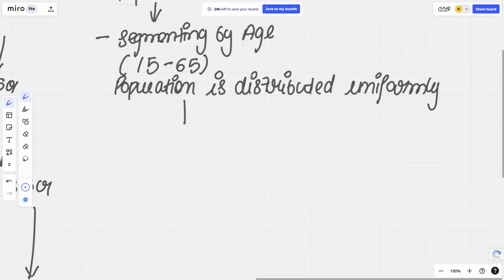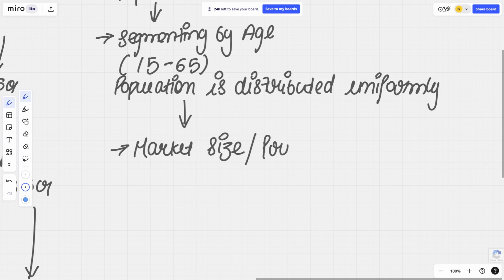After segmenting the population, let us assume the market size of iPhone or Apple in India, or preference by users.